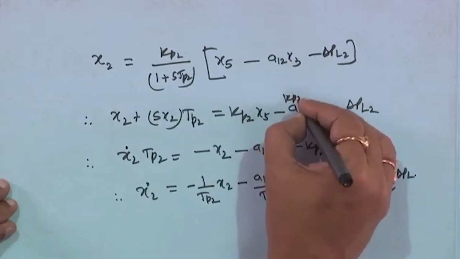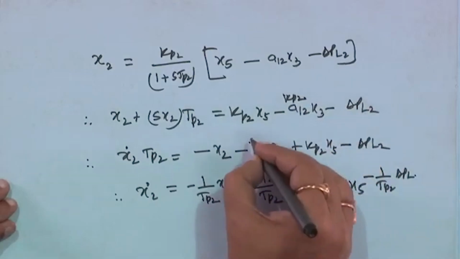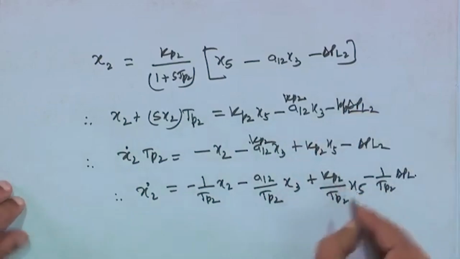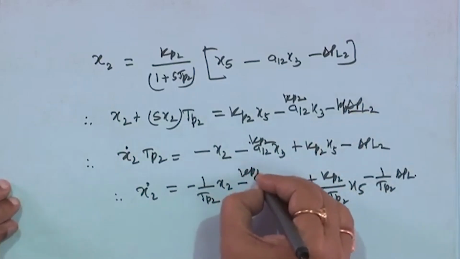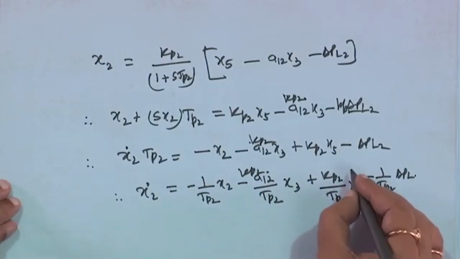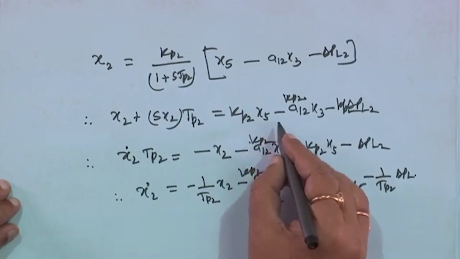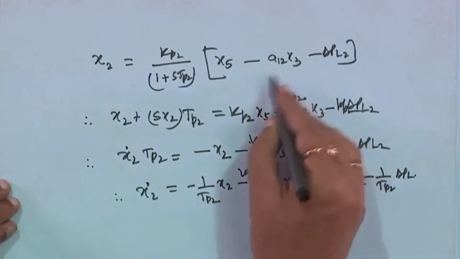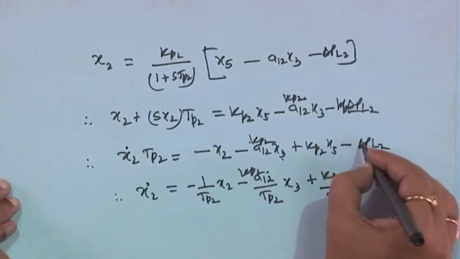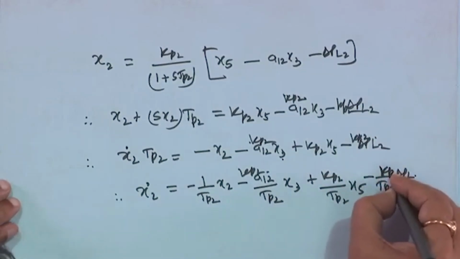It should be Kp2 into a12, and here also Kp2 into x5, minus a12 Kp2 into x3, and minus Kp2 into delta PL2.